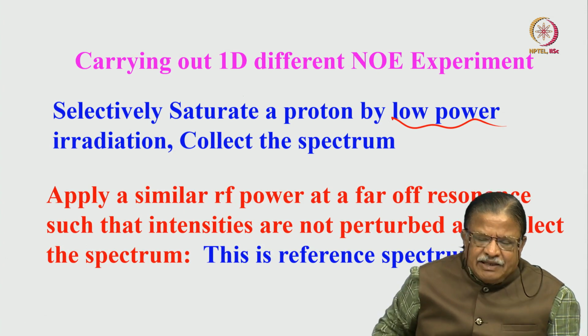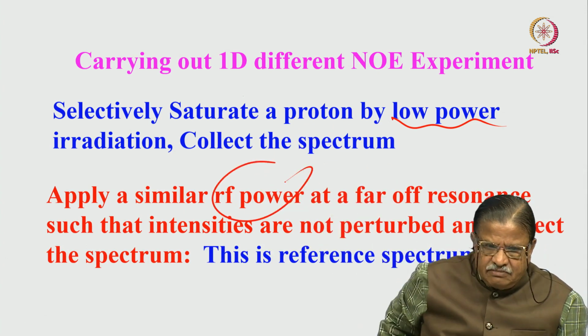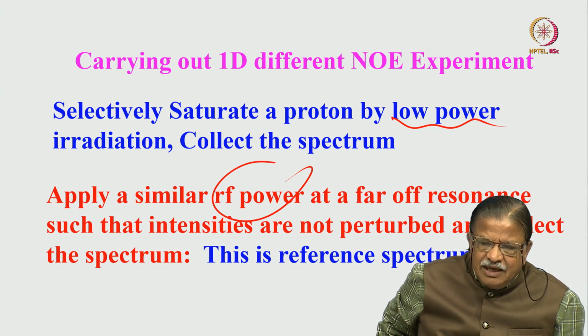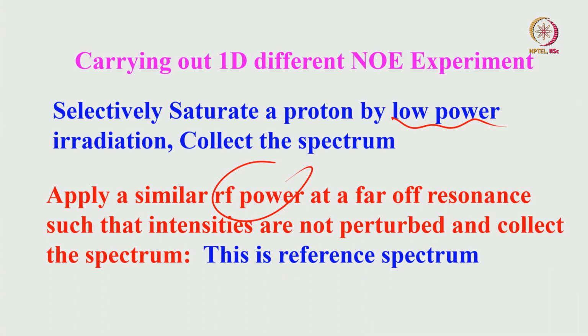Then apply a similar RF power at a very far off position so that none of the intensities of the signals are disturbed. They should not be perturbed. Why? We have to maintain ideal conditions so that I can see the difference of the two.